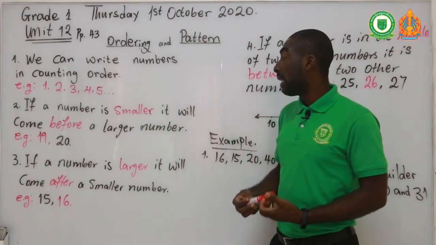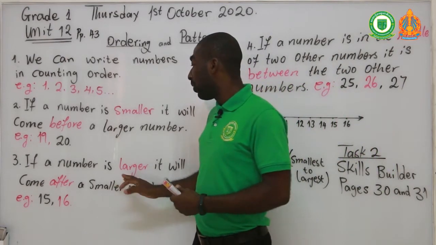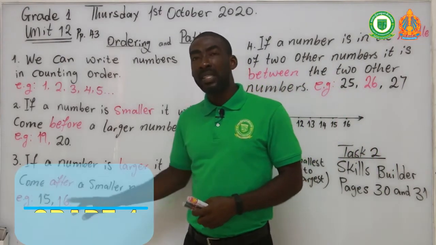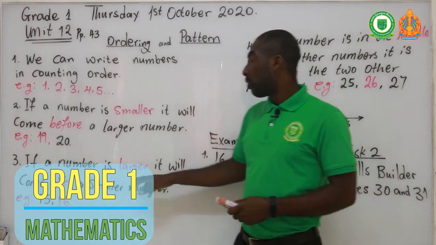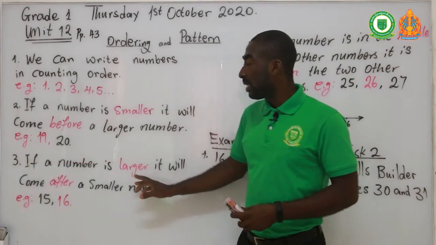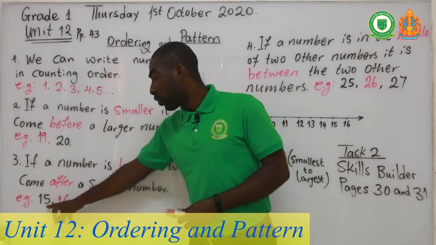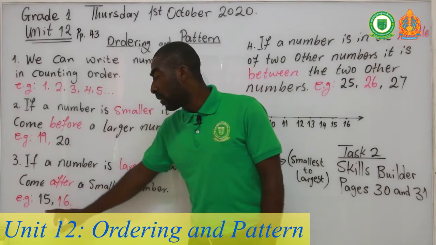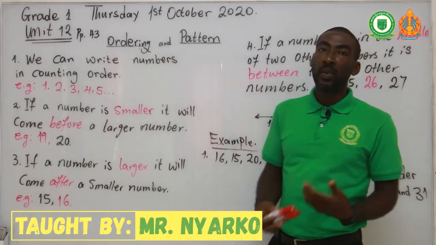When we say a number is larger, it means that that number comes after a smaller number. Okay, so if a number is large, it means that it comes after the smaller one. So 15 is the smaller one, and then 16 is the larger one.